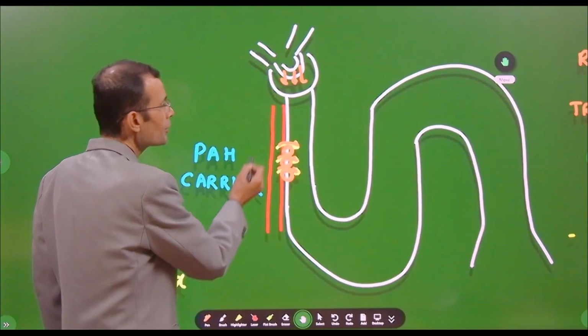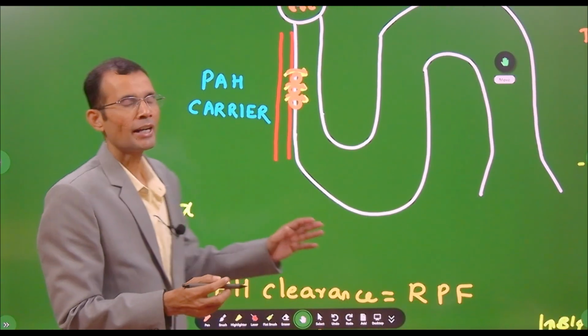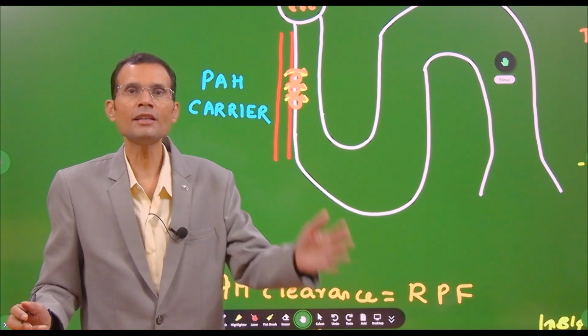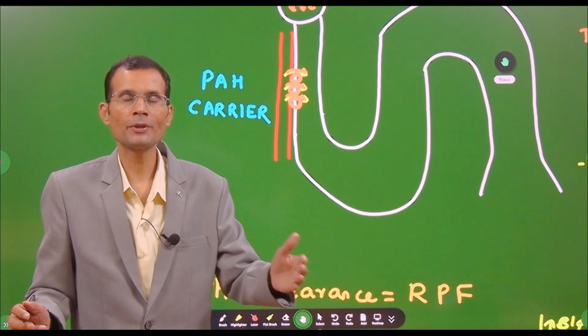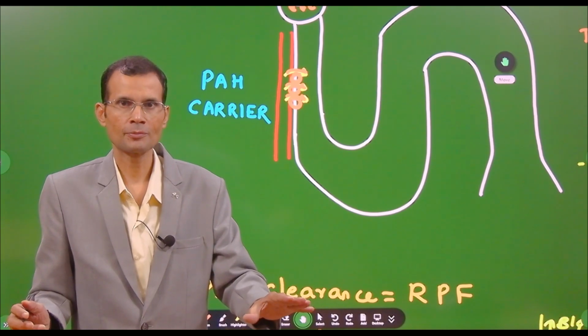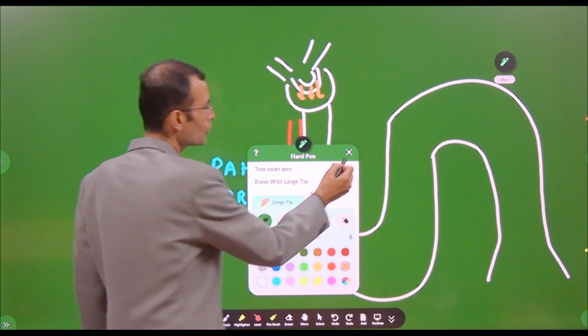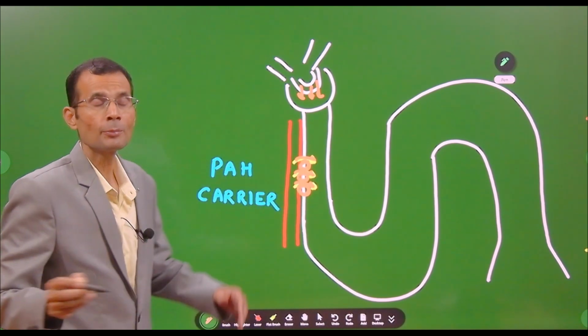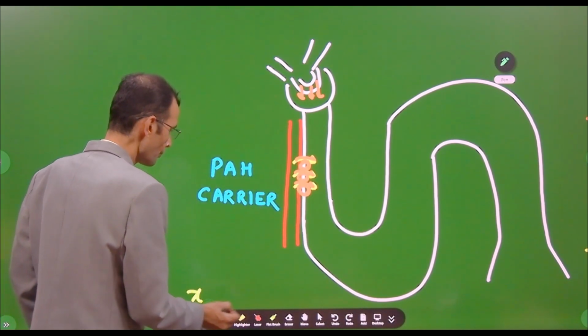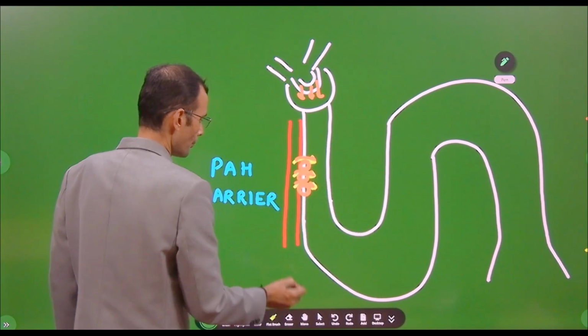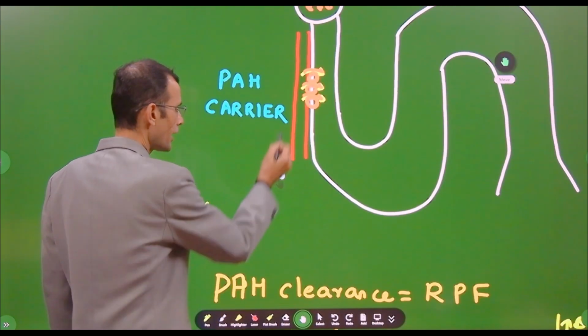Okay. Now imagine that twice the recommended dose of PAH was injected by mistake. You know what will happen? Now listen to this part carefully.